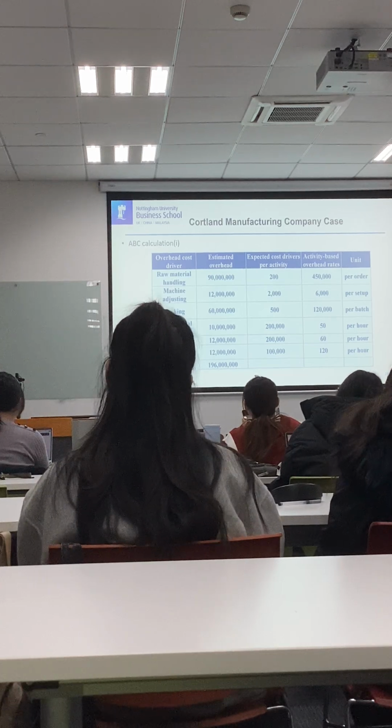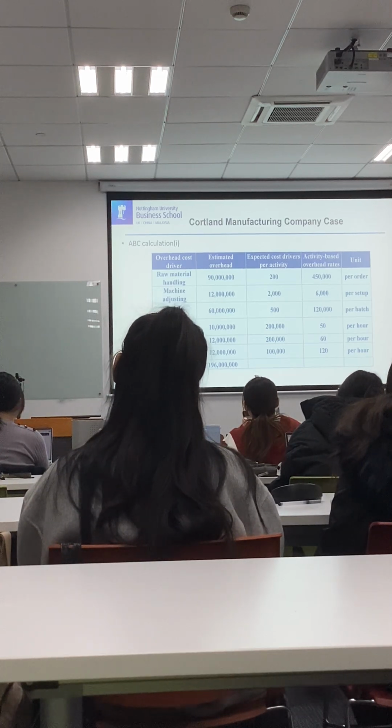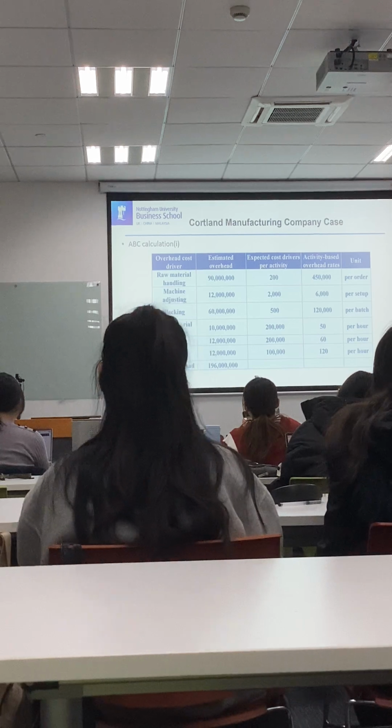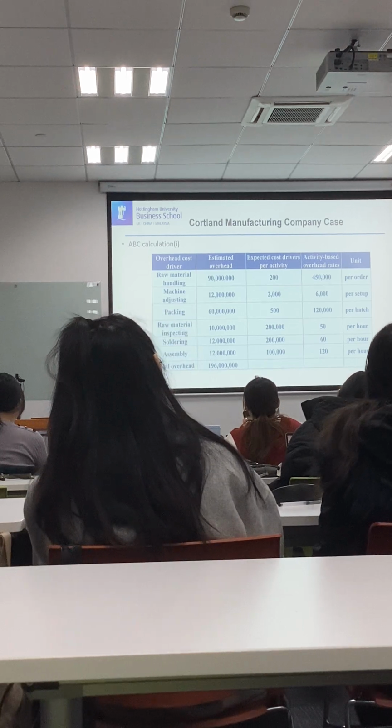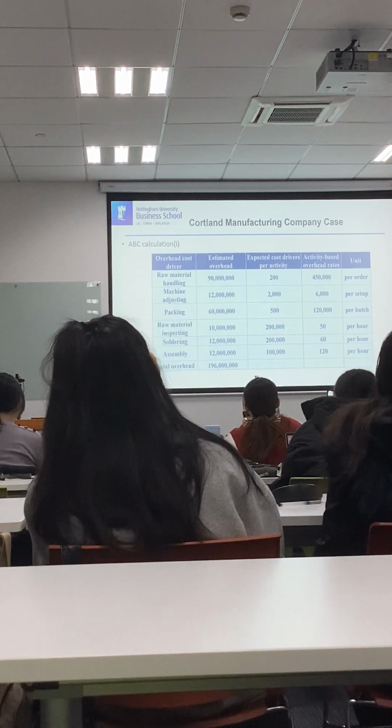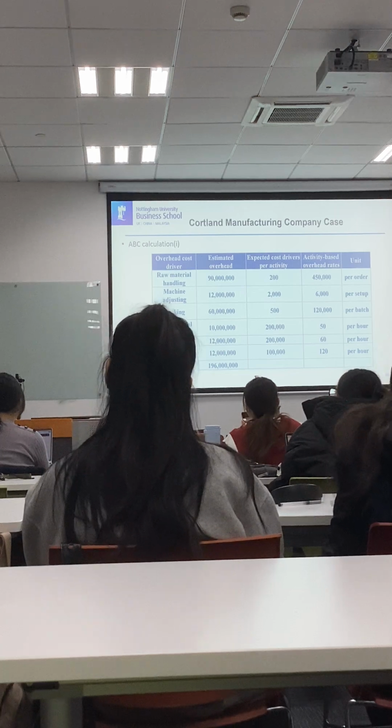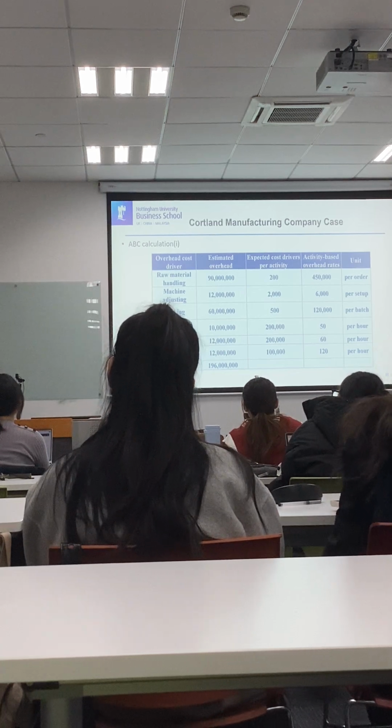The essential difference between traditional costing and ABC calculation is that ABC uses several cost drivers, but the traditional uses only one, the machine hour.